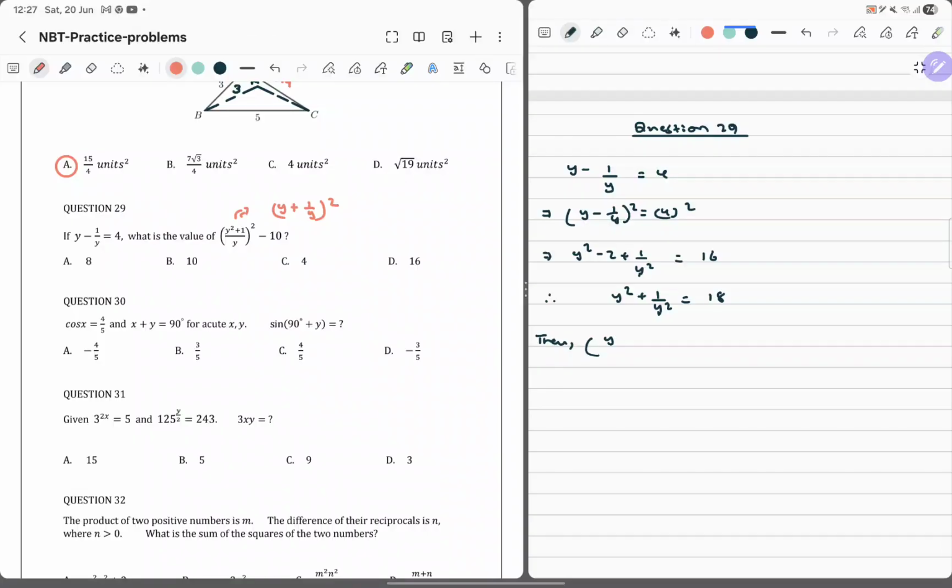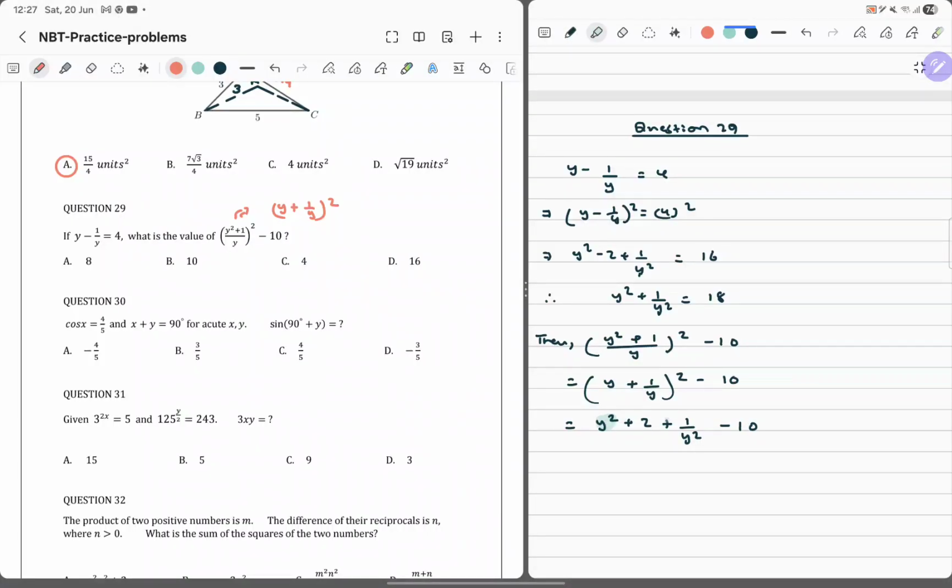Then y squared plus 1 over y squared minus 10 is going to be equal to, if we sort this out, we're going to get y plus 1 over y all squared minus 10. Now when we square this, we get y squared plus 2 plus 1 over y squared minus 10.